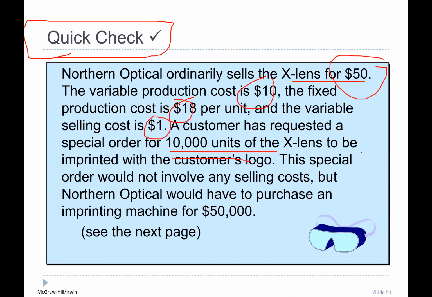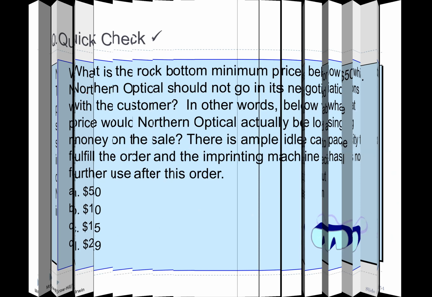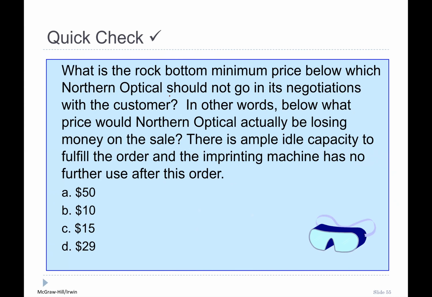The special order would not involve any selling cost, so we can avoid this $1. But Northern Optical would have to purchase equipment which can imprint the logo, worth 50,000, right? So let's see, what is the rock bottom price that should be quoted to the customer? In other words, below what price would Northern Optical actually be losing money on the sale?